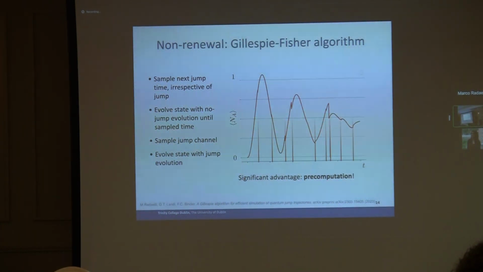Now, the significant advantage of this algorithm is that it allows for a large amount of relevant and numerically heavy quantities to be pre-computed. So we can pre-compute them, store them, and each trajectory will employ the same quantities. So we don't need to recompute them all the time. This actually gives a nice computational advantage in many cases of interest for our project.